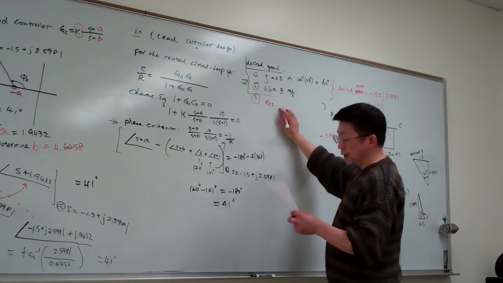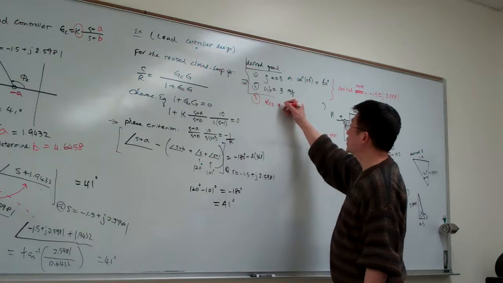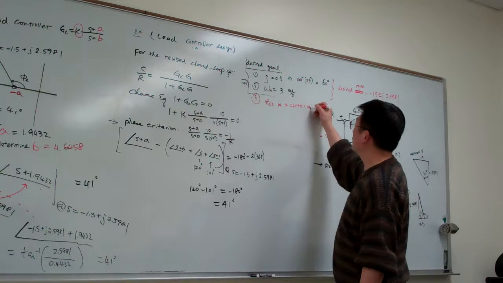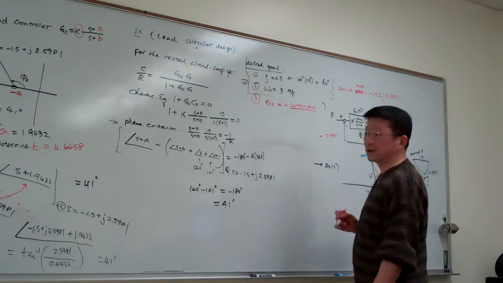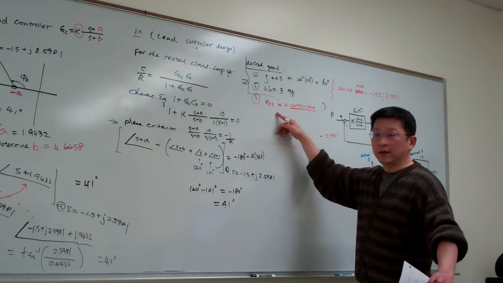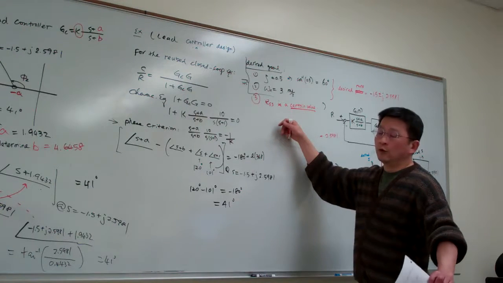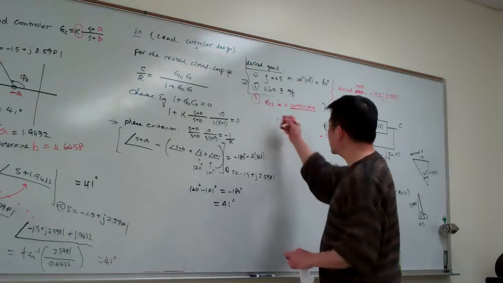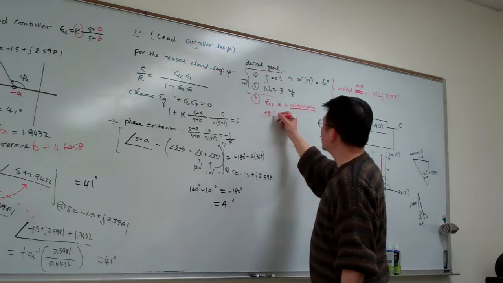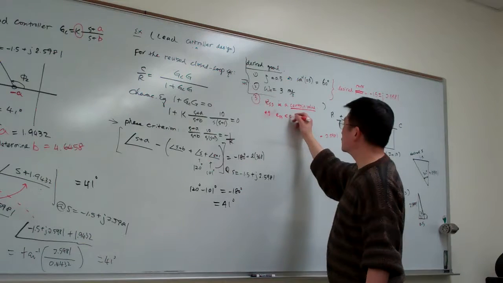Usually for this case it is a certain value. For example, we can set up the steady state error criteria in many ways. For example, I directly say ESS is less than or equal to 0.1.